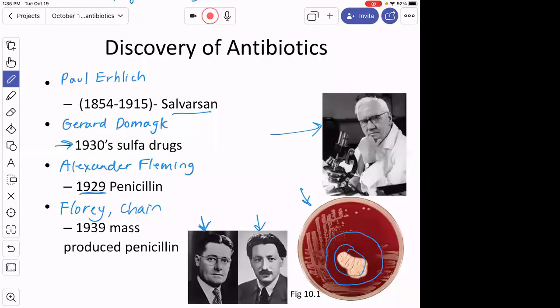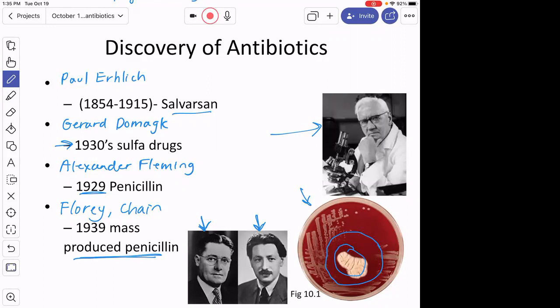So he had an organic chemist, Ernst Chain, helping him out, and a ton of other people as well. But they were finally successful in mass producing penicillin. And then, of course, that saved lots and lots of lives during World War II, both civilian and armed forces.